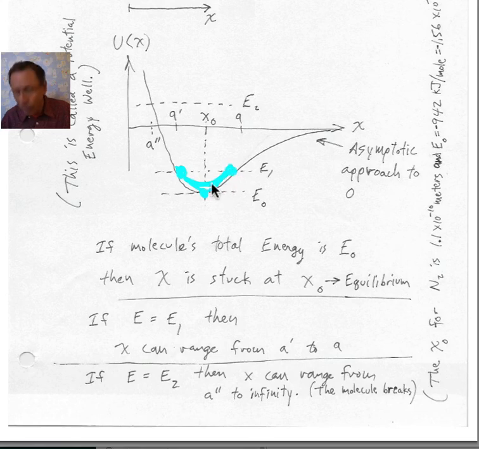And if your molecule has this much energy, we call this an energy level, right? This amount of energy, then you're going to see that the two atoms are going to be close together, then they're going to be at their equilibrium place, but they're going to overshoot, then they're going to be here, and they're going to bounce back and forth, just like a ball would roll back and forth.